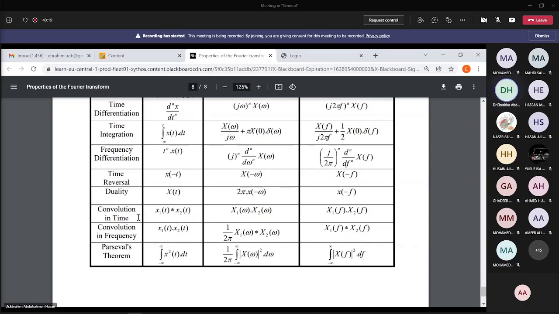Convolution is time consuming in the time domain, but it is very easy in the frequency domain. It is just multiplication. Okay, the opposite is also true. If we have a multiplication in the time domain, then it is equal to convolution in the frequency domain.